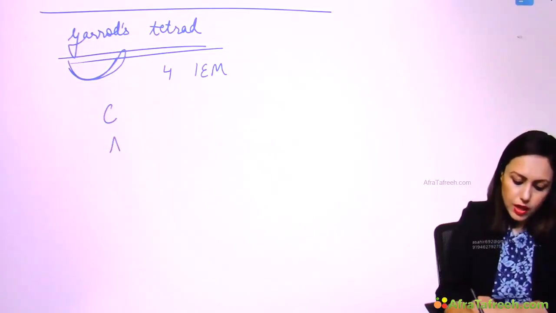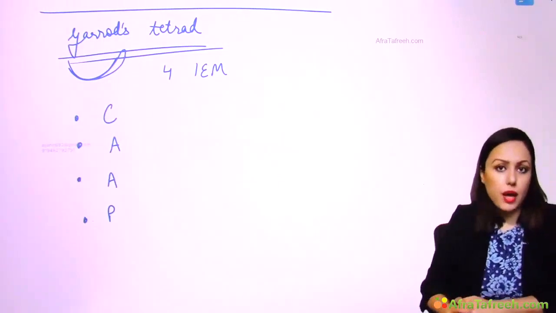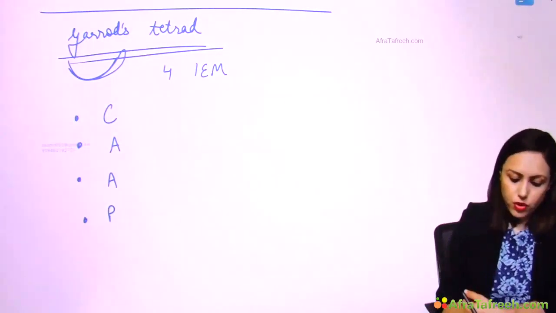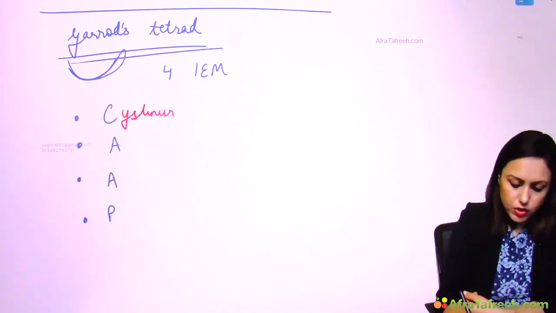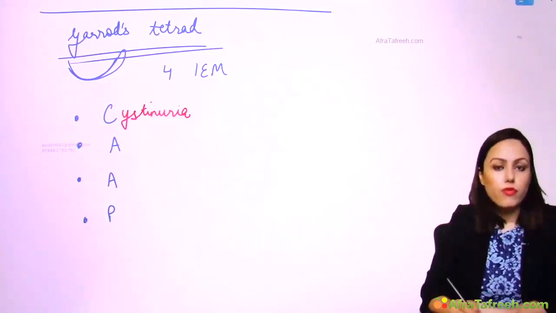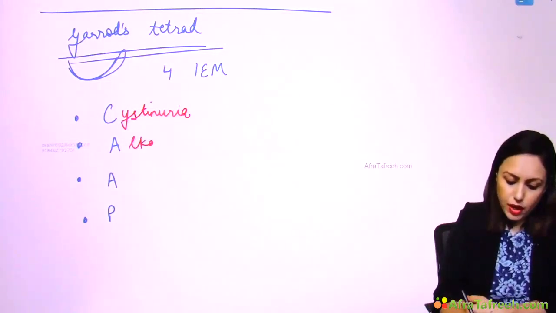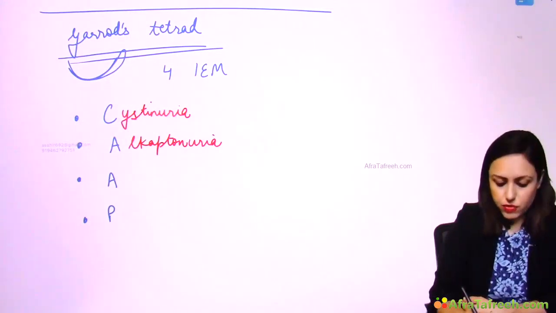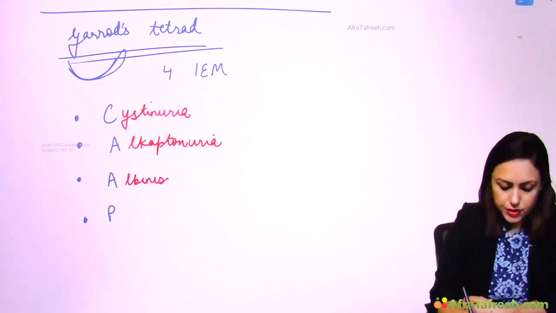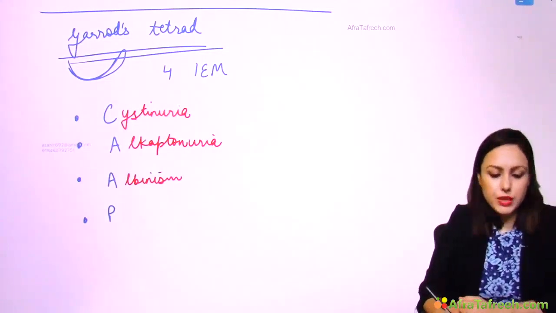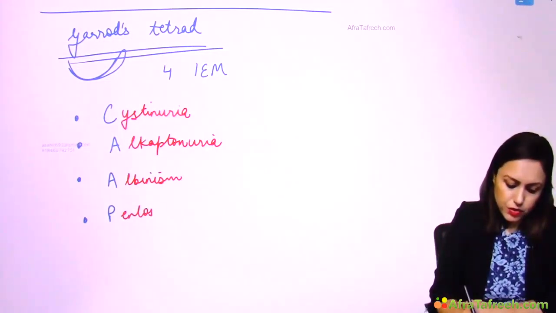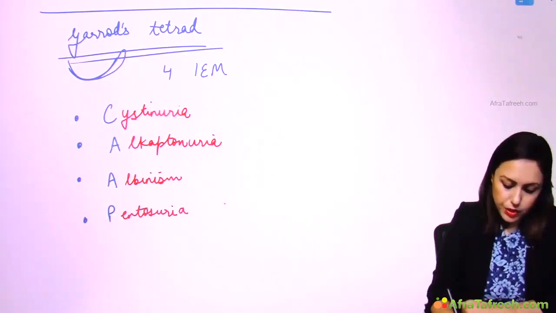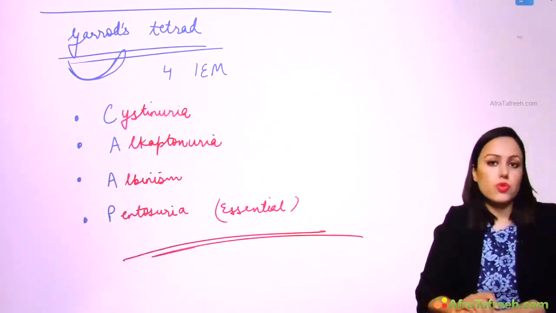The mnemonic is CAAP. C stands for cystinuria. One A stands for alkaptonuria. Another A stands for albinism, and this P stands for the condition which we are doing just now, pentosuria or essential pentosuria, right?